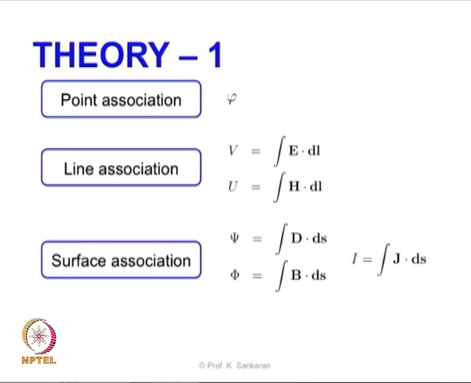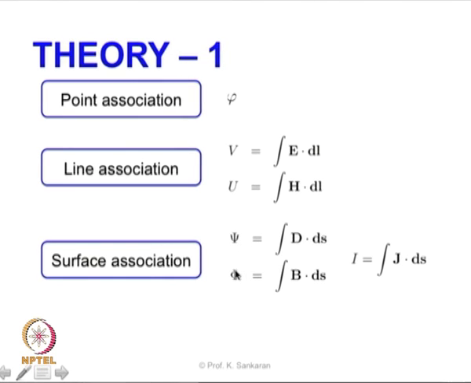So that being said, let us go to the next one. We have covered the point association and the line association. Let us look at the next one, which is the surface association. The surface association also has quantities which are in most cases properly represented. We only make mistakes normally in the case of V and U, but we have the right terms for the different fluxes.